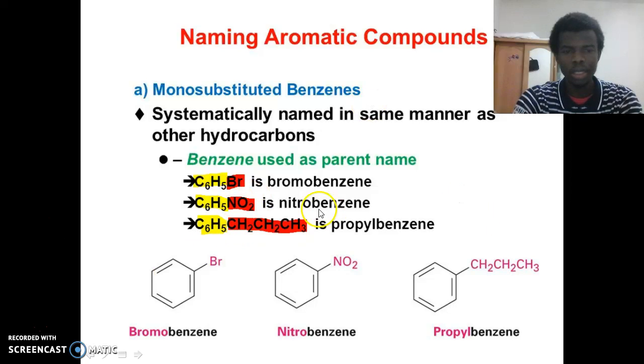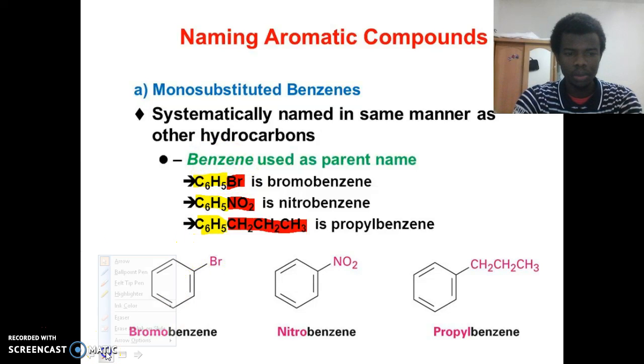But here we have 3 carbon. For example, if we have like 6 carbon or 7 carbon, probably 7 carbons, then hexene will be the parent chain and benzene will be the substituent. But in this case, the number of carbon is less than 7, so benzene will be the parent chain.